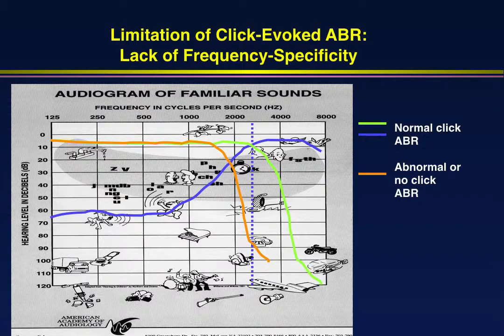And again, you've seen this slide. We need information on an octave region around 500 hertz, 1,000 hertz, and maybe 2 or 4,000 hertz. I usually try to get information on 4,000 hertz, 1,000 hertz, and 500 hertz, plus the click. The click ABR, of course, is giving us information on that region between 2 and 4,000 hertz.